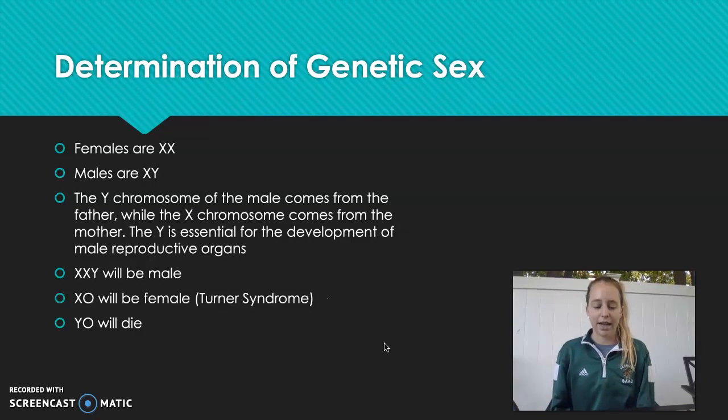However, a zygote that has only one X and no Y will survive and develop into a female. However, two X chromosomes are needed to have normal female reproductive functions. This is known as Turner syndrome.